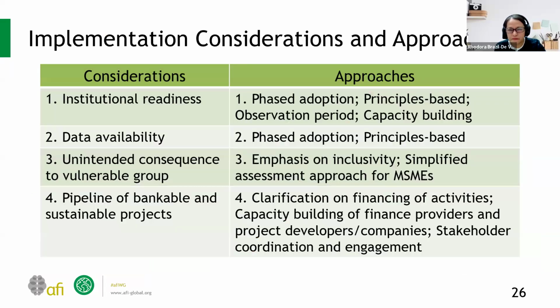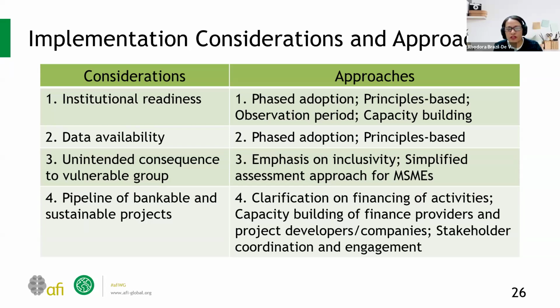Next slide, please. Okay, so these are some of the considerations, or rather the factors that we considered when we think of implementation of the taxonomy. Number one is institutional readiness, having different stages of maturity of the banks.